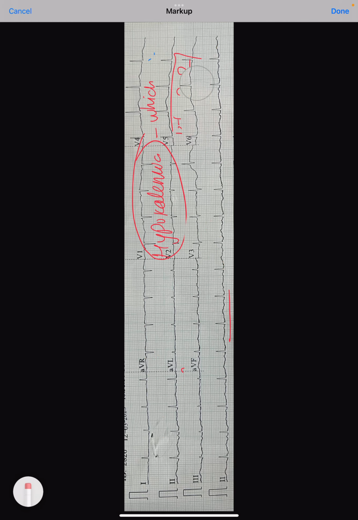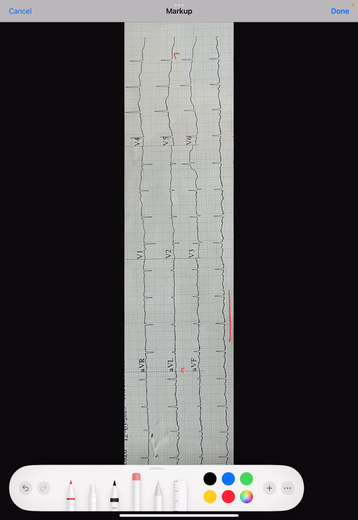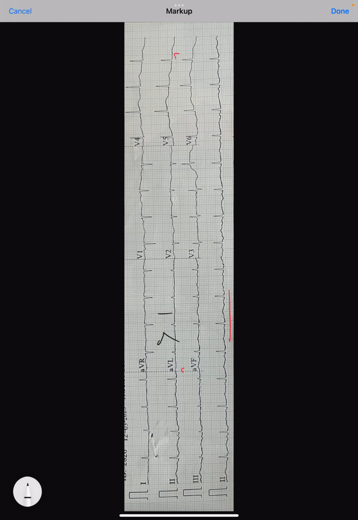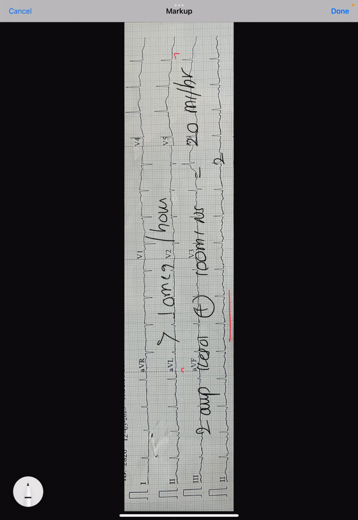Another thing you need to remember: you cannot correct more than 10 milliequivalents per hour. So what is most commonly done is 2 ampules of Ksol are added into 100 ml NS and given at 20 ml per hour, maximally at 25 ml per hour.